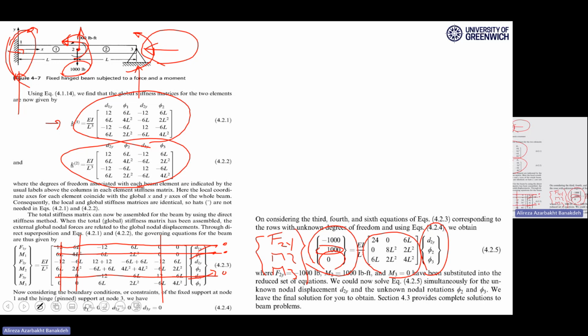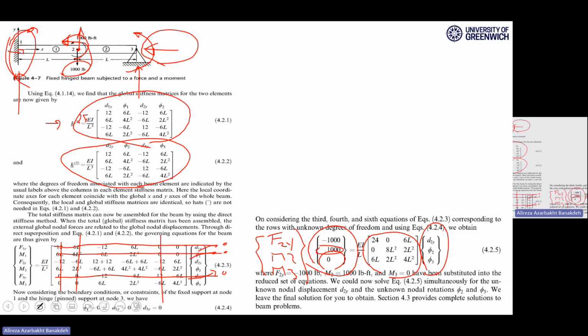But because I is really a big number, E is a big number, this number will be something big. So it's a large number. For example, assume that it has 28 here. They are not equal. Assume it doesn't have it.